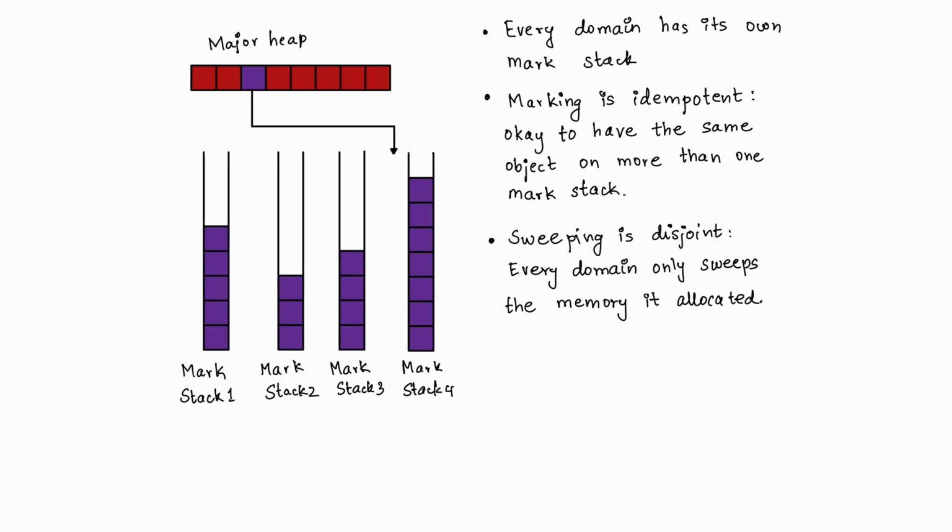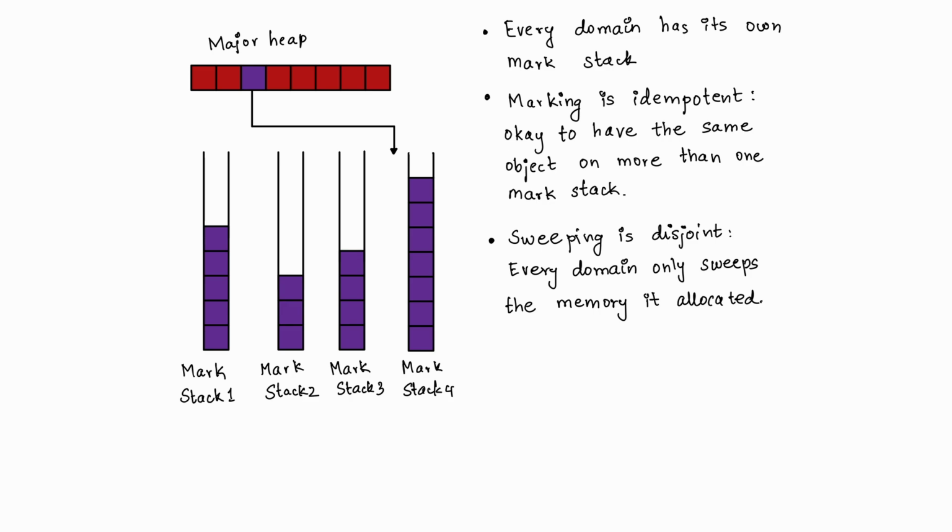So what happens in multicore? Every domain has its own mark stack. We don't have one single mark stack, because having one single mark stack would lead us to a lot of synchronization work. Having independent mark stacks leads to less synchronization work.